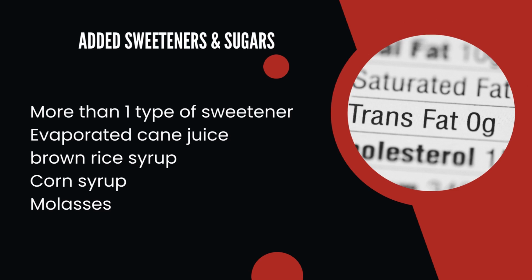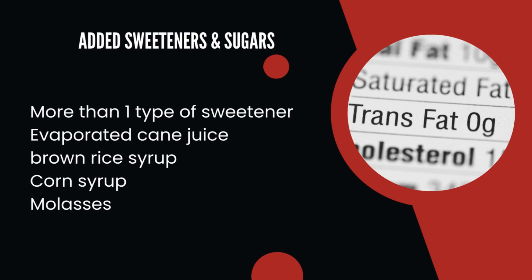Now, here's the game. These smaller quantities allow the listing of these items to be further down the ingredient list, right? You see that game? But if you were to combine all of these different individual sweeteners, it's highly likely that the sweetener content, or the sugar content, would be at the top of the list, making it one of the largest ingredients in that product, right?